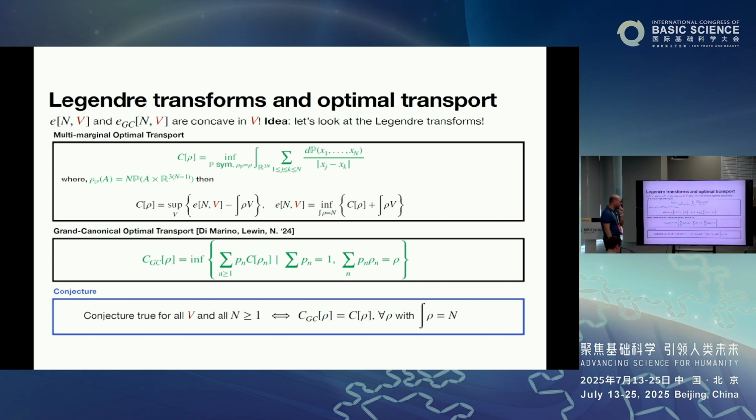But now, how can we do this? The idea is that we have to find a way to prove that this grand canonical optimal transport problem does not coincide with the canonical one.